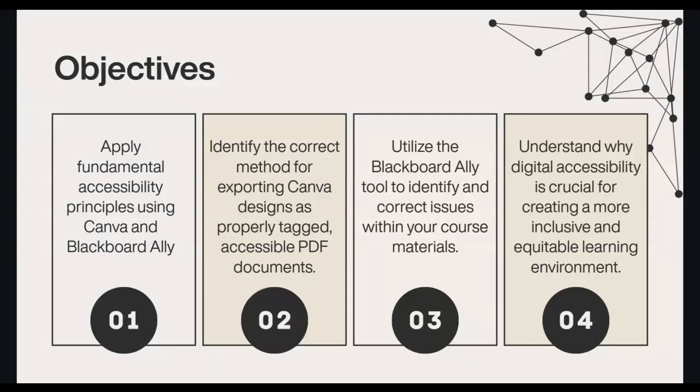If you don't have Acrobat, which is not free, and you don't want to bother going through all that, Canva does have a free PDF editor that you can just upload your stuff to and it'll help clean it up, and you can run an accessibility check on it. And you don't have to have Canva Pro or anything. You can just have the free account and just have that link to upload your PDFs.